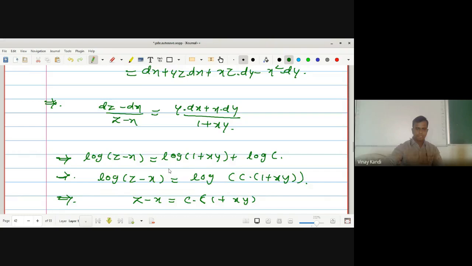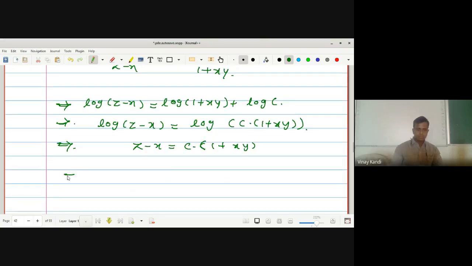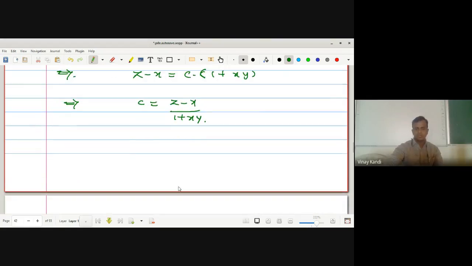Okay, so which implies c is equal to (z minus x) upon (1 plus xy). So this is the required one parameter solution.